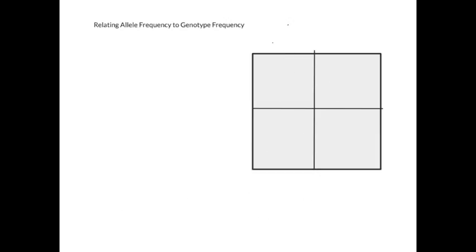Now if we apply this same information to our example problem from earlier with one allele frequency of 0.6, which would represent P, and the other that is 0.4, which would represent Q, we can calculate P squared, which is 0.6 times 0.6 or 0.36.